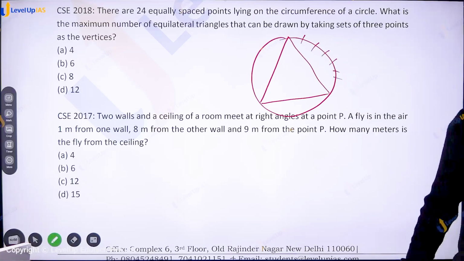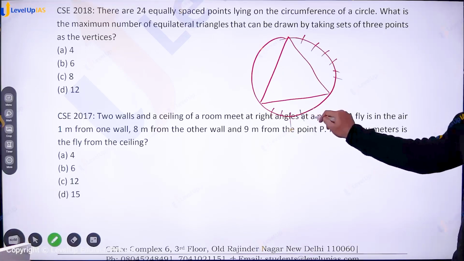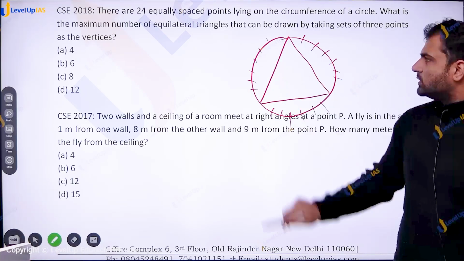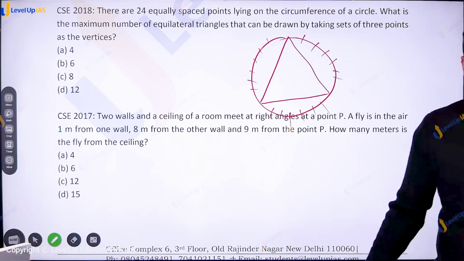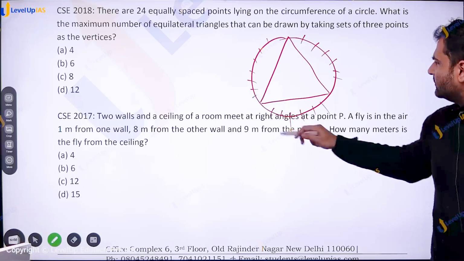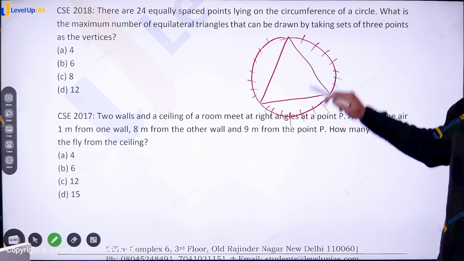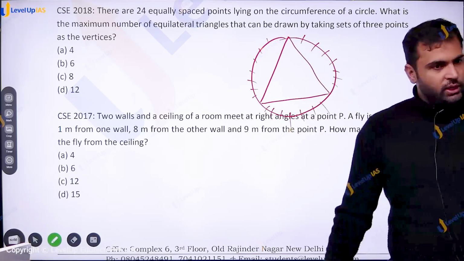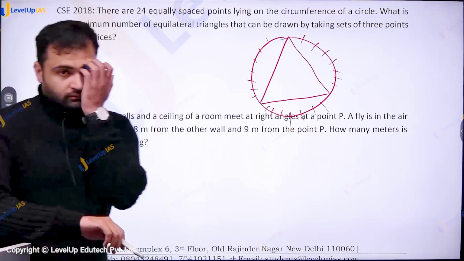There will be 6 points in between these two. Sorry, 7, 7, not 6, 6, 7. So 21 and 1, 2, 3, 24 points. Right?